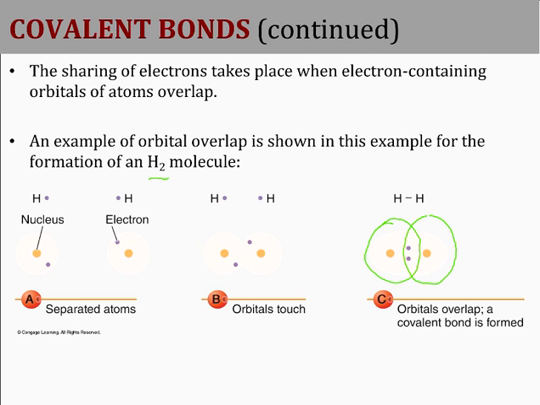And for hydrogen, the nearest noble gas is helium, which has two electrons. So both of these hydrogen atoms now have two electrons, and they are sharing them, but that's okay. And that means that both hydrogen atoms here are happy because now they both have two electrons like helium.